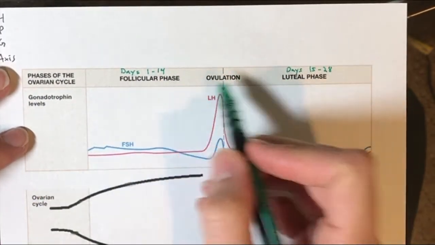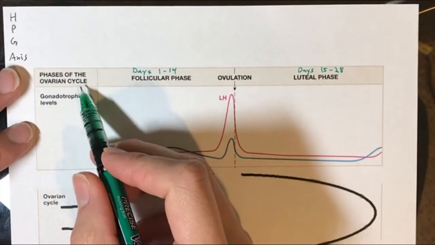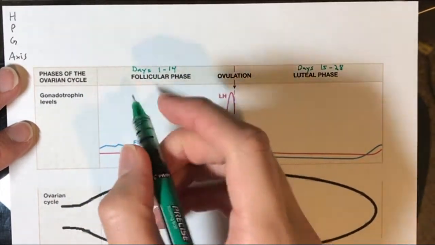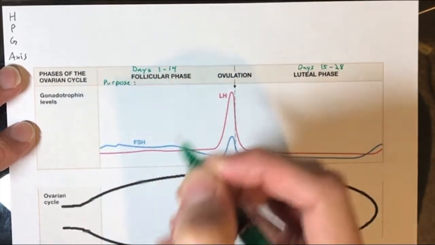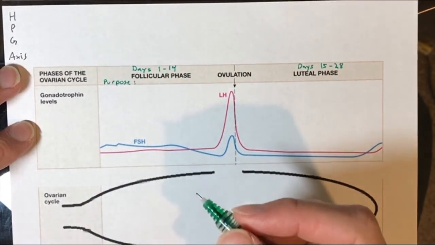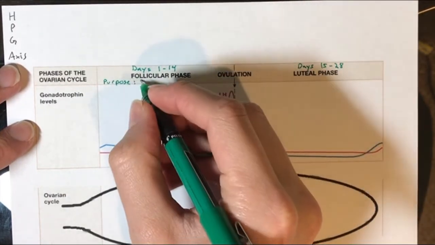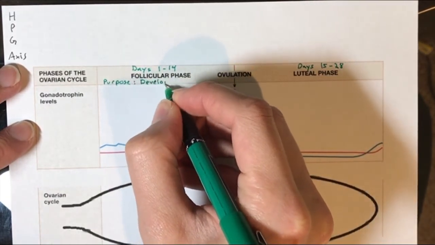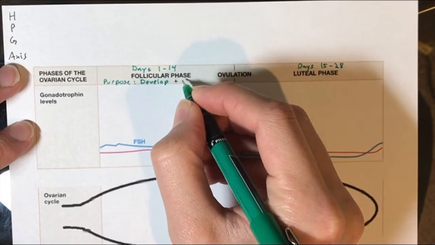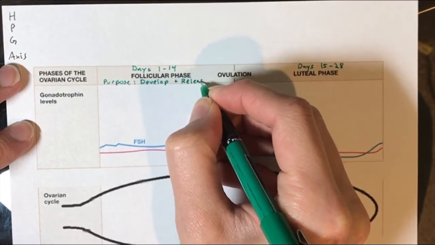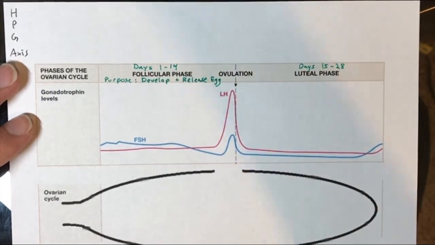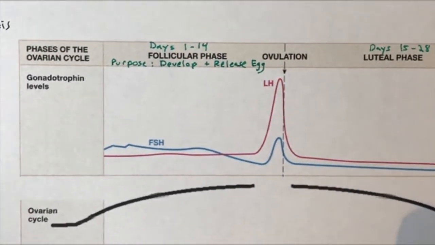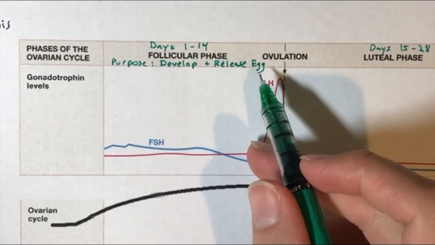All right, so what's the purpose of both of these phases within the ovarian cycle? The follicular phase has the purpose of developing and releasing an egg.